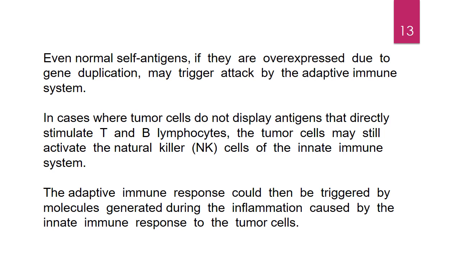In cases where tumor cells do not display antigens that directly stimulate T and B lymphocytes, the tumor cells may still activate the natural killer cells of the innate immune system. The adaptive immune response could then be triggered by molecules generated during the inflammation caused by the innate immune response to the tumor cells.